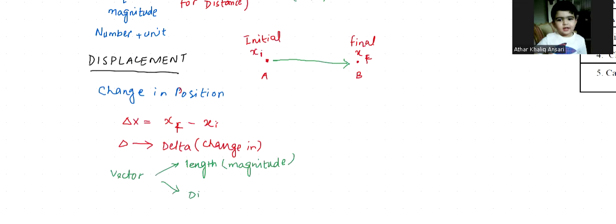Now whenever we need to find the displacement, as I said, it is a vector quantity, so I need to use a frame of reference. What is a frame of reference? A frame of reference is the boundary or the region within which we find the measurement.